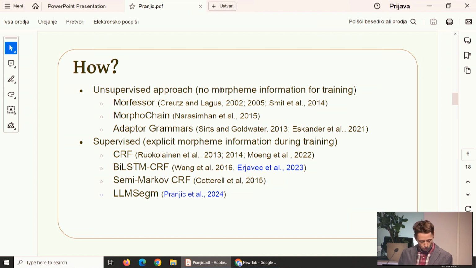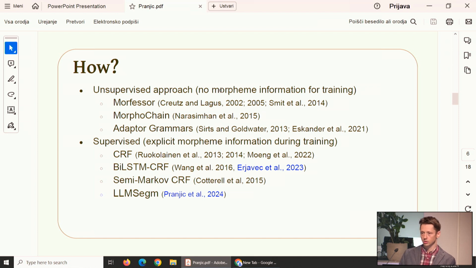So how is automatic morphological segmentation done in computer systems? There are basically two different approaches. One is where we don't use any morpheme information.